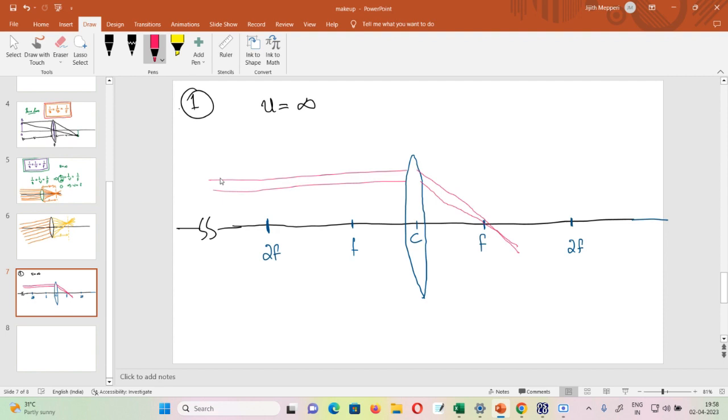So this is the condition in the case of an object kept at infinity. The image will be at focus. Next, we are moving our object from infinity towards the lens. Now we can see how the image from the focus is moving towards the right side.